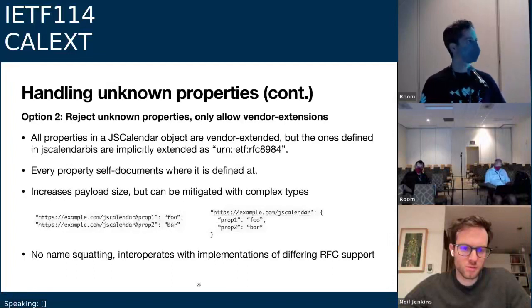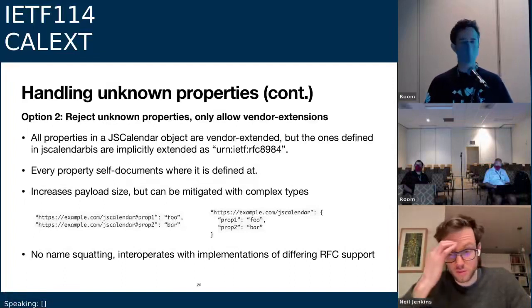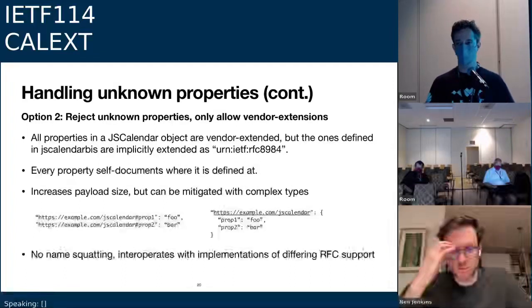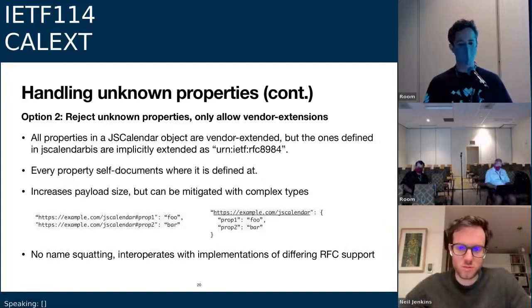I would like to propose that we do not support any unvendored properties at all after we have defined JS Calendar. Implicitly, all properties that do not have a prefix will be the properties of JS Calendar BIS. Everything else will be prefixed either by an HTTPS URI or by the URN of the RFC that the extension is defined in.